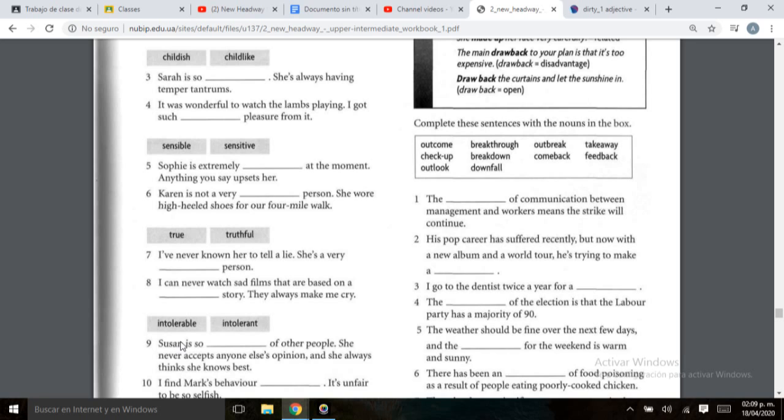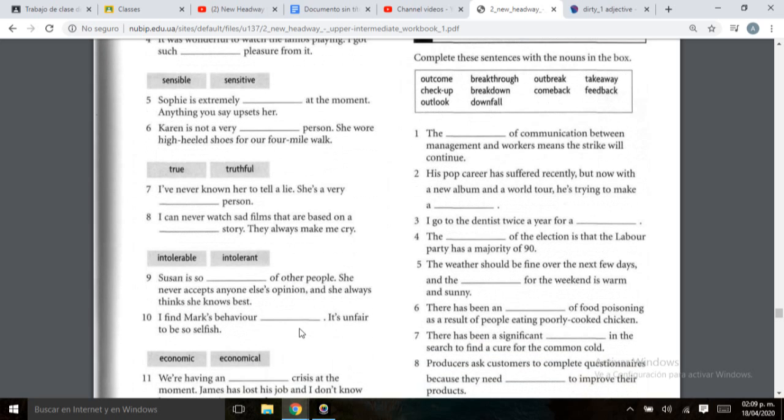I am intolerable. Nobody can tolerate me. And intolerant is the reaction that you have to something. For example, I am intolerant to racism. So I do not understand it, I do not tolerate it.